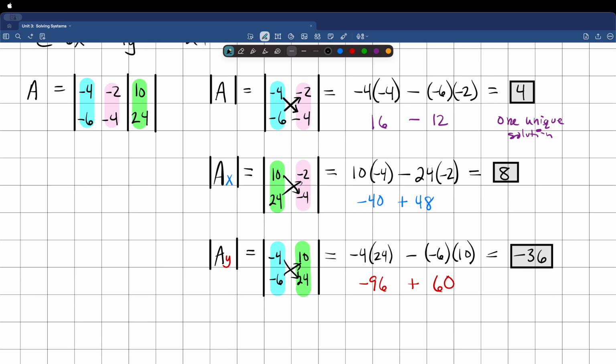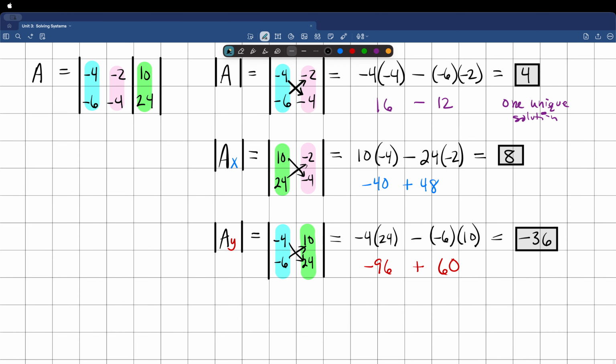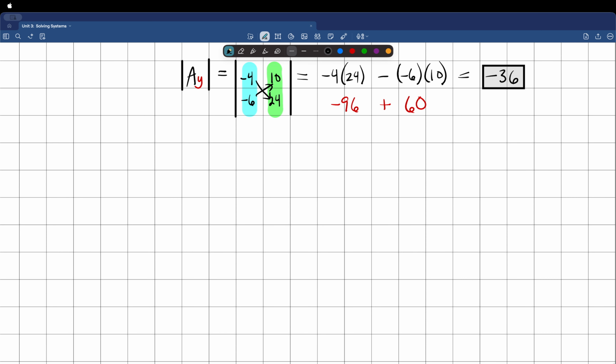Okay. So now that we have our three values, we have our determinant of the coefficients is 4, the determinant of the x solution is going to be 8, and the determinant of the y solution is going to be negative 36. What we're going to do is we're going to solve for x and y.